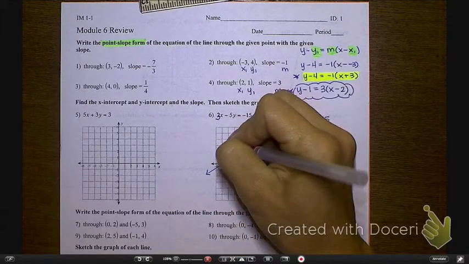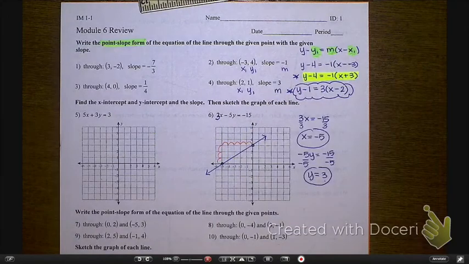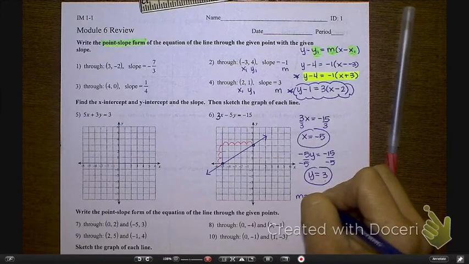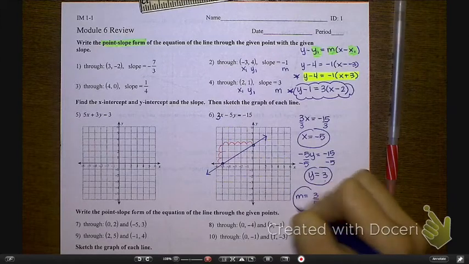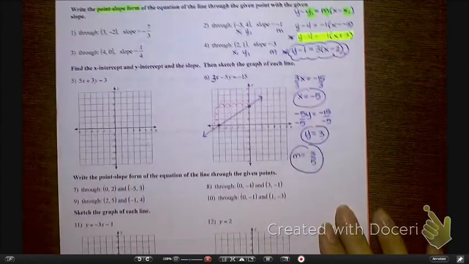So now my run is 1, 2, 3, 4, 5. So my slope, rise is 3, run is 5. So this is my other answer. Okay? Are there questions on how we did that one? Okay. All right. Let's take a look at numbers 8 and 10.